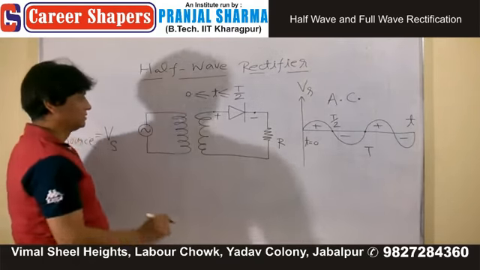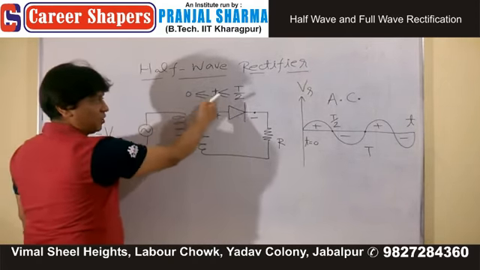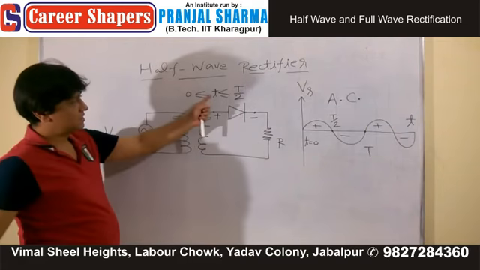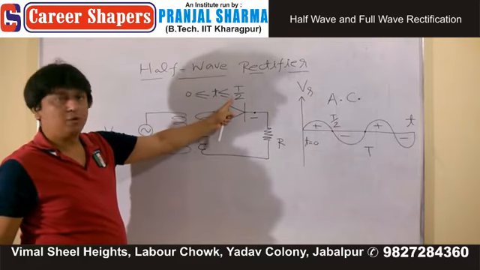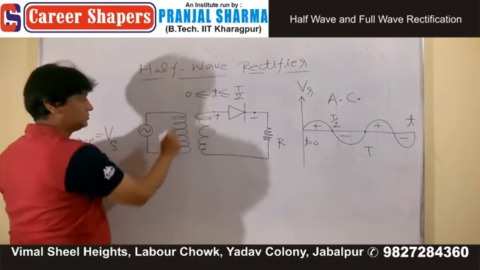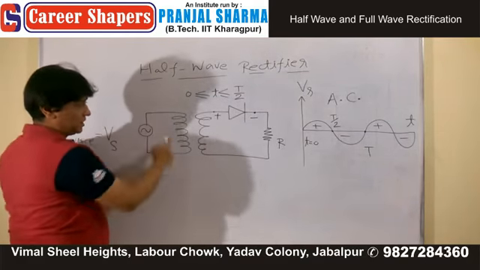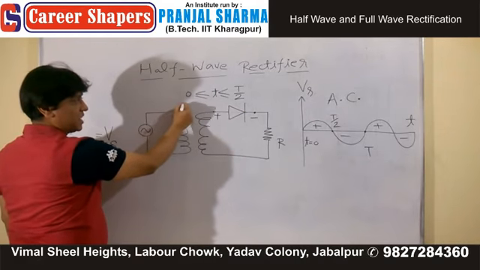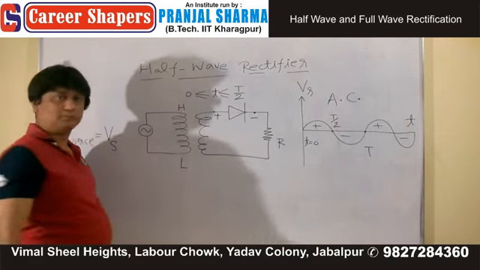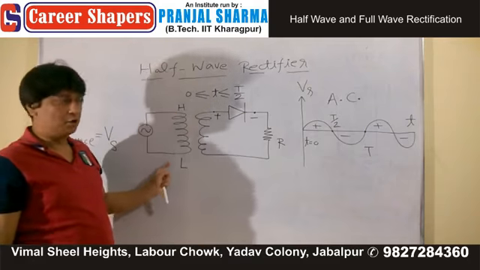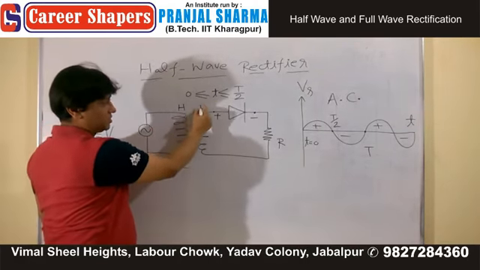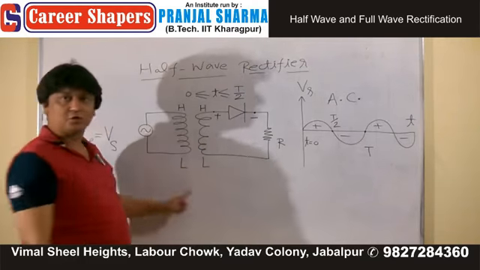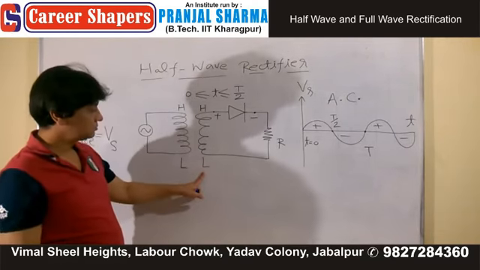What is happening? For this time range, greater than 0 and less than T by 2, let's say this is high and this is low. If this is high, then this terminal is also high and this terminal is also low.